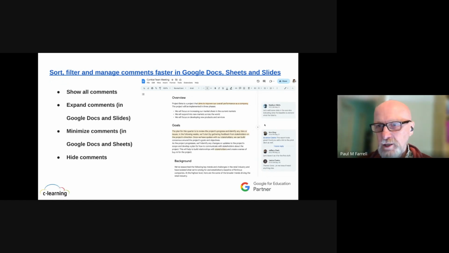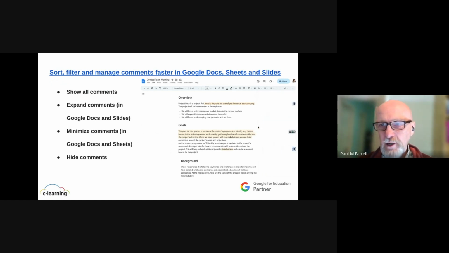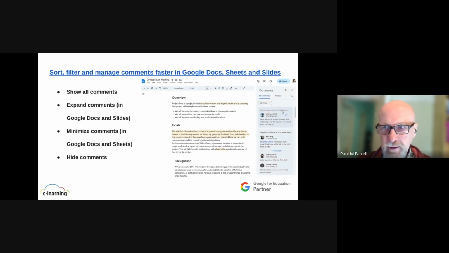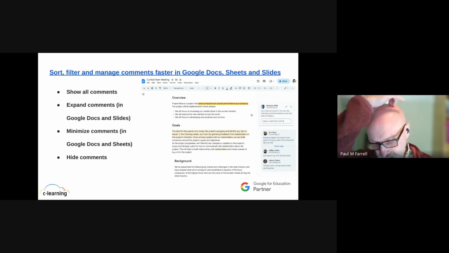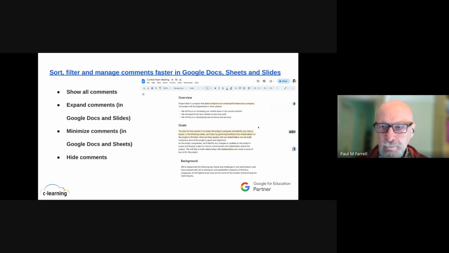But managing all the comments within a document, I think, is really, really handy. You'd be in Docs, Sheets, and Slides, so it would be in all three. So you don't need to necessarily have them all open or all hidden, and you've just got these little mini buttons that appear on the side that you can look at, and you can collapse that into the side of the document. I mean, we use comments a huge amount.